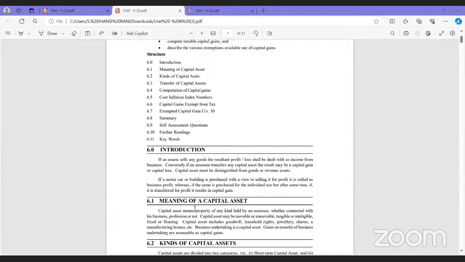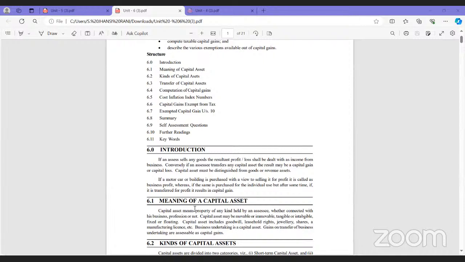Now I purchased a house and sold it after 5 years, more than 36 months, more than 3 years. Then it will become a long term capital gain. But in case of shares, it's not like that. If you are holding any shares or equity for more than 12 months, it will become a long term capital gain. Only in the case of shares.